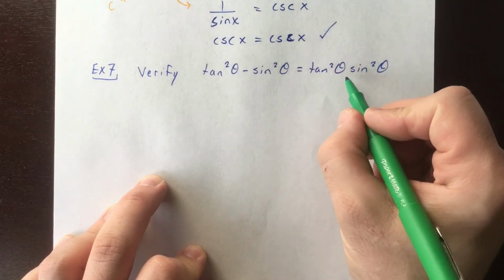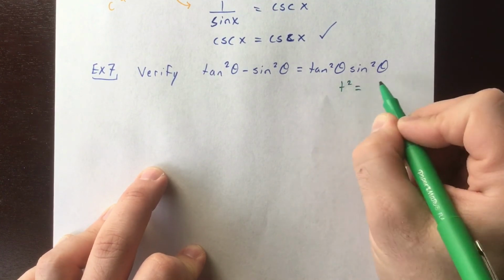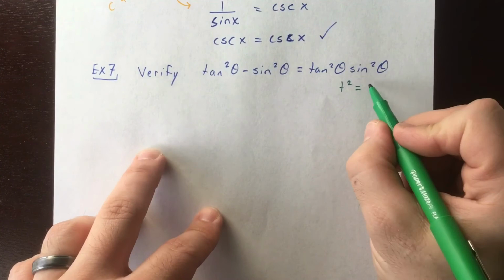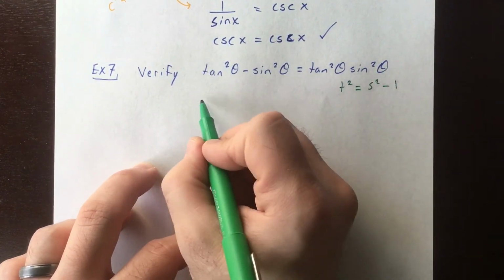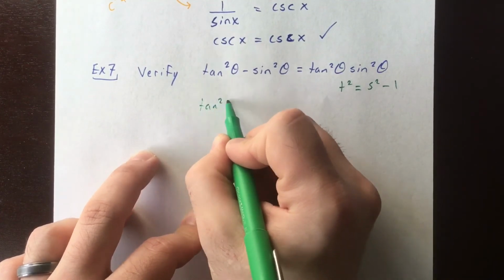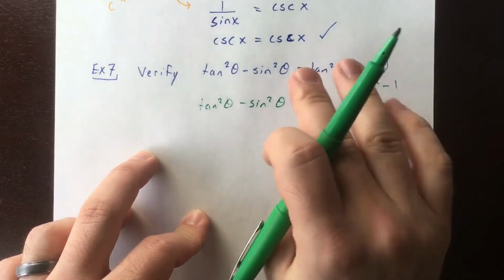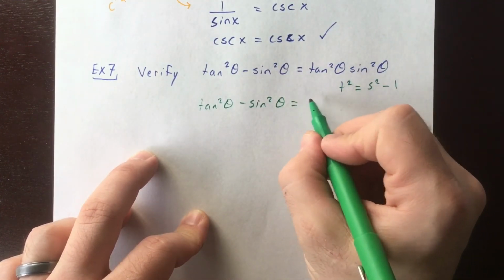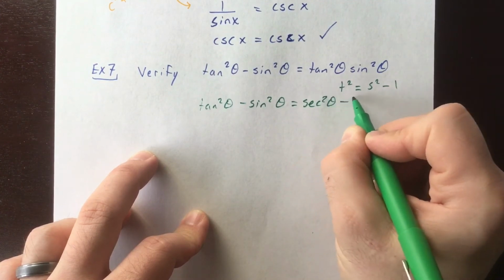So I'm going to use the identity that tangent squared is secant squared minus 1. So, okay, tangent squared theta minus sine squared theta. I'm going to replace this, substitute in its counterpart, secant squared theta minus 1.